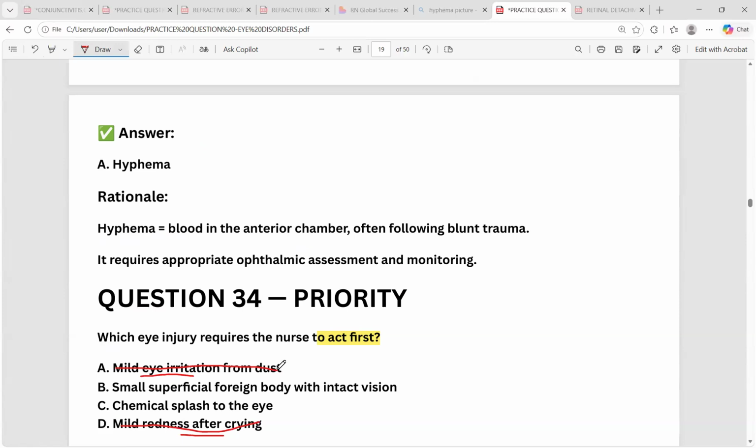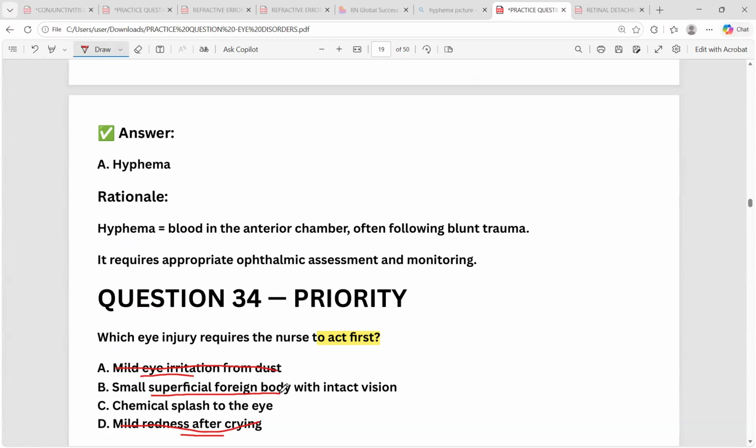Here we have a chemical splash to the eye, and a small superficial foreign body with intact vision. Foreign body does not always mean that an object is penetrating. For example, it can be eyelashes, dust, a splash over the eye, or sand.